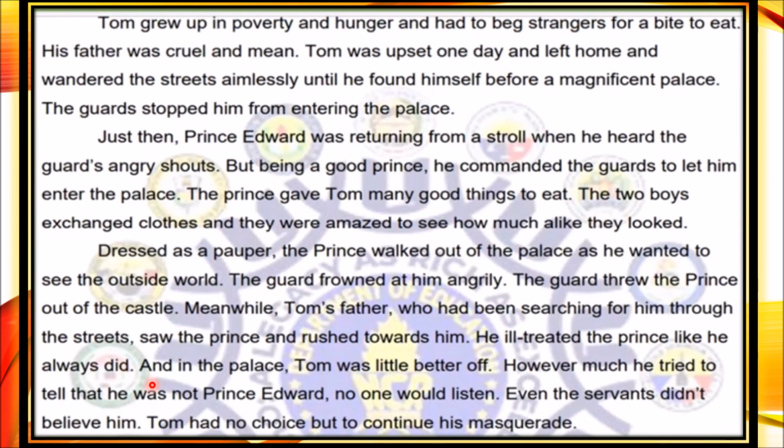And in the palace, Tom was little better off. However much he tried to tell them he was not Prince Edward, no one would listen. Even the servants didn't believe him. Tom had no choice but to continue his masquerade.